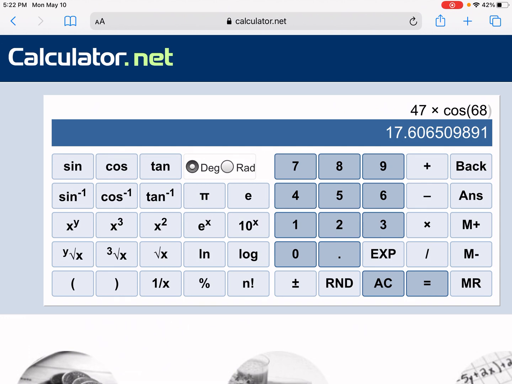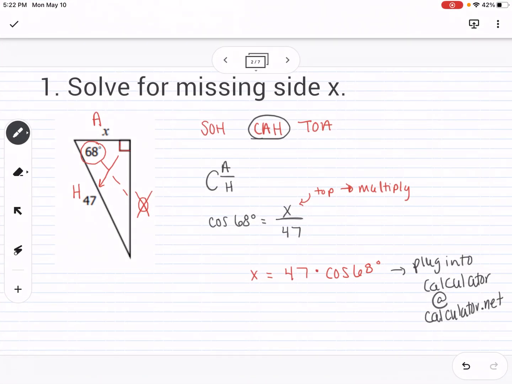Remember, if your calculator looks a little different, it might have a basic or scientific button. You want to choose the one that says scientific. Here my answer is in blue, and it's 17.6. That would be the answer for that missing side.